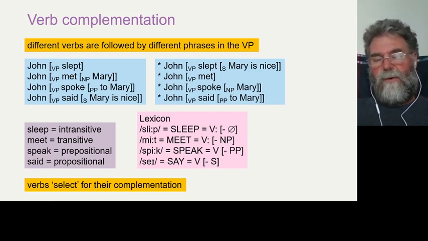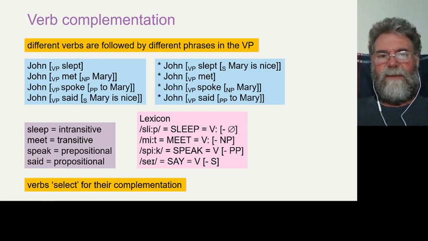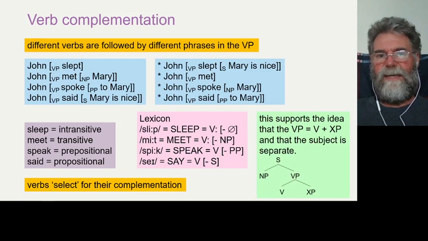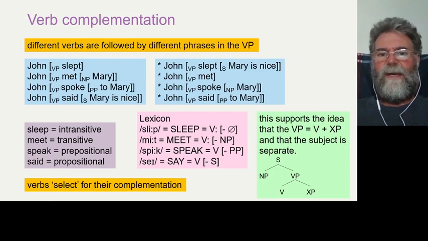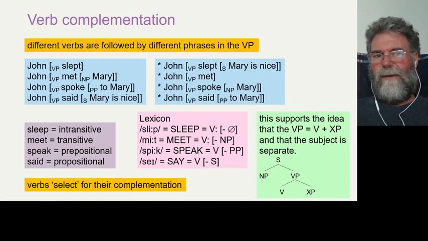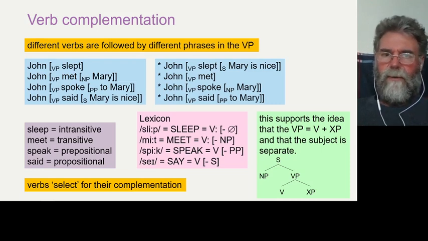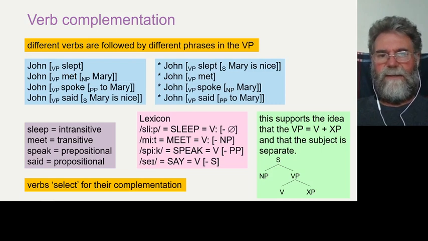Subjects seem to be more separate from the rest, which is exactly what our proposed structure says. It says the subject is separate from the verb phrase, and the verb phrase is made up of the verb plus whatever phrase follows it, i.e. its complement. So on those theoretical observations, we can support this analysis of the sentence where the verb phrase follows the subject and is made up of the verb plus whatever follows the verb.